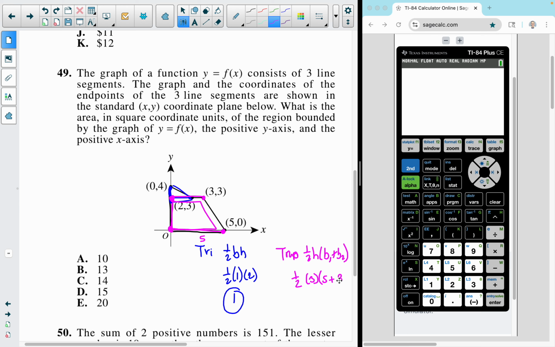So that base is 3. So we have 5 plus 3 is 8. So 8 times 3 times 0.5, or divide by 2, gives 12. So the area together would be 13, which is B.